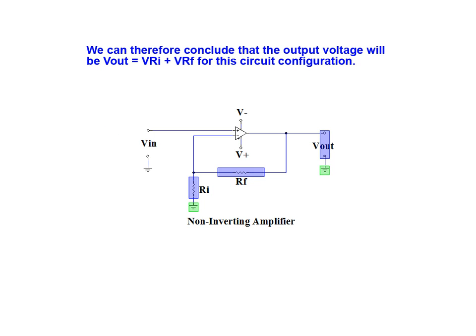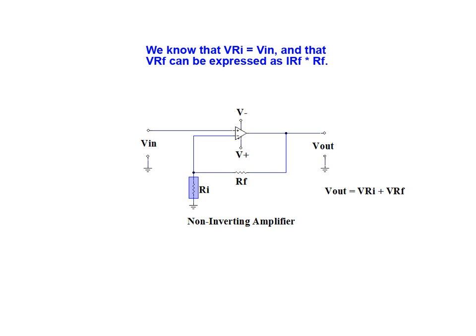We can therefore conclude that the output voltage will be Vout equals VRI plus VRF for this type of circuit configuration. We also know that VRI will be equal to Vin, and that VRF could be expressed as IRF times RF.